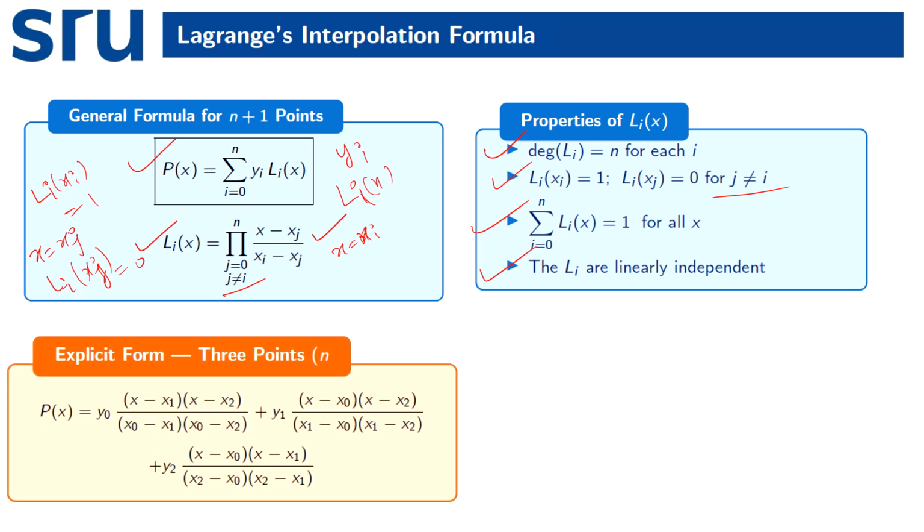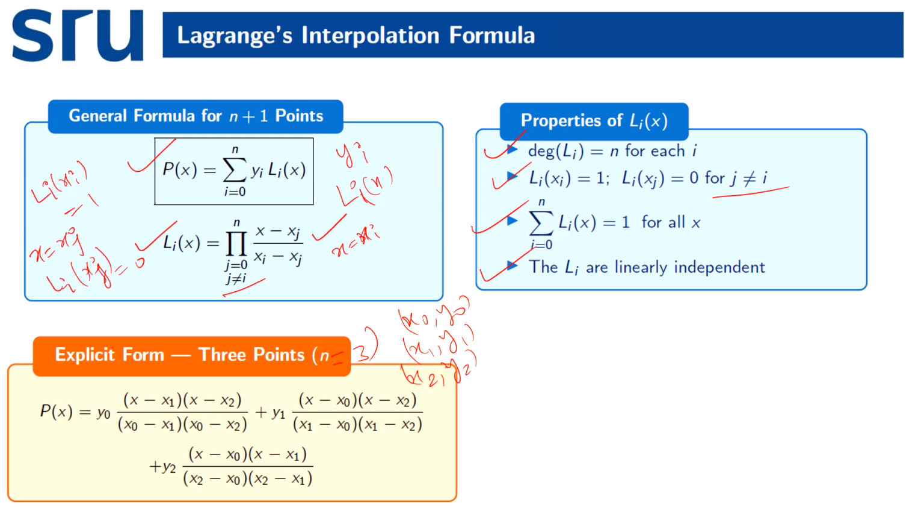Now let us simplify things with a concrete case: the explicit formula for 3 points. Here n equals 3, number of points equals 3. Suppose we have 3 data points, say (x0, y0), (x1, y1), (x2, y2).